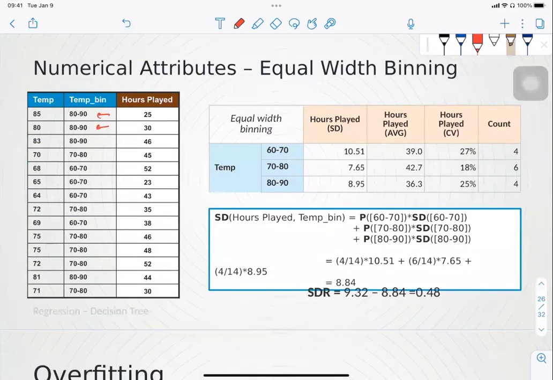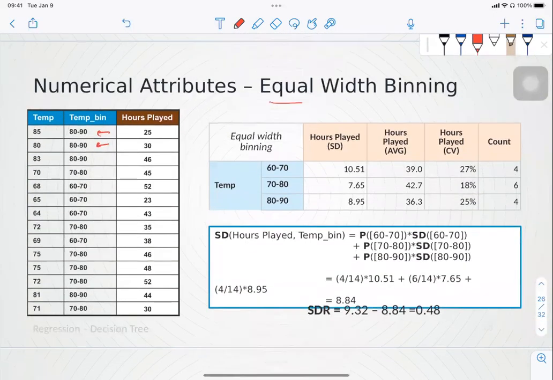So let's check the numerical attributes with equal width binning. As you can see, I'm dividing the temperature column into different bins. Here, 85 falls under 80 to 90, 80 falls under 80 to 90, 83 the same, 70 falls under 70 to 80. So we just give bins for each of the values, and then we use bins to divide temperature into further categories.